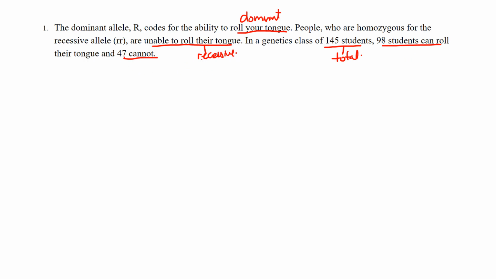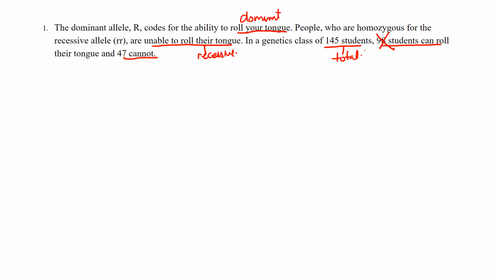Now, what we've seen, if you looked at the notes there, is that when we are looking at these types of questions where they're giving us the frequency of an actual trait, disorder, disease, anything like that, it's always a genotype. It's in pairs. And what we said is that we do not ever use the dominant trait. The reason why we don't use the dominant trait, these 98 students that can roll their tongue, it's dominant.